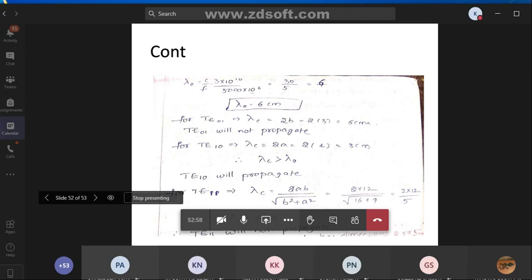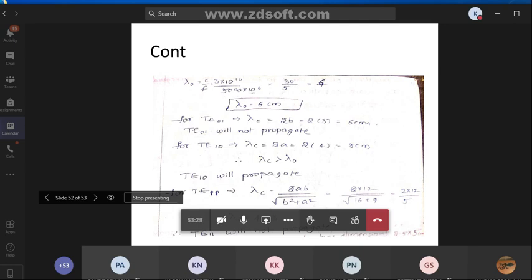When the wave will propagate, the condition is that lambda c must be greater than lambda naught. Here lambda naught equals 6 centimeters. So if lambda c is greater than lambda naught, then only the wave will propagate. For TE10, lambda c equals 8 centimeters, so lambda c is greater than lambda naught.